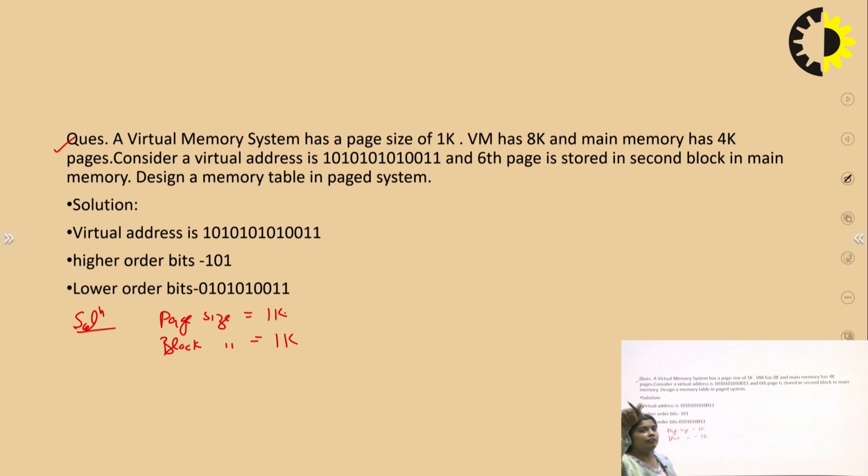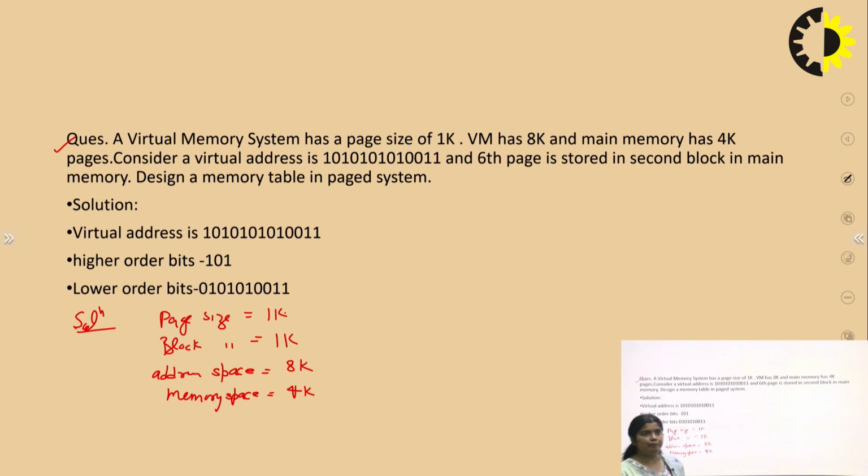Now, the virtual memory has 8K and the main memory has 4K pages. It means the address space is given: the total number of addresses in the virtual memory is 8K. And the memory space is given as 4K.